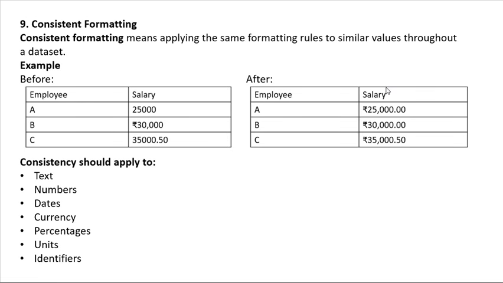So after formatting, one format is used for all the salaries: a rupee sign, thousand separators using commas, so 25,000 with the triple zeros, and a dot followed by two zeros as the decimal values.